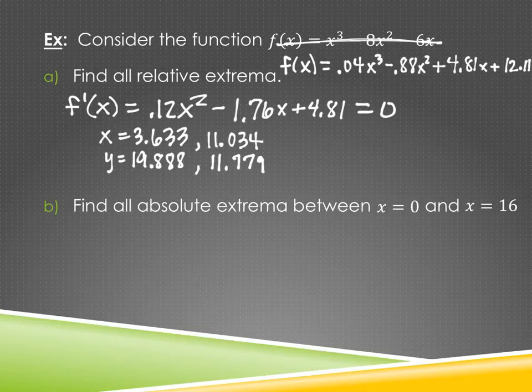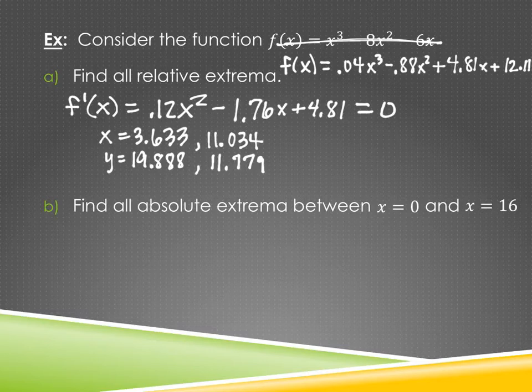If you go back to your calculator, if you want, you can clear out y2. It doesn't need to be in there. But we do need to look at the original equation to see what happened and see which one really gave us a maximum and which one really gave us a minimum. So I don't really need the nDeriv, so I'm going to delete mine out. And my window here was fine on the x values, but the y values needed to go higher.